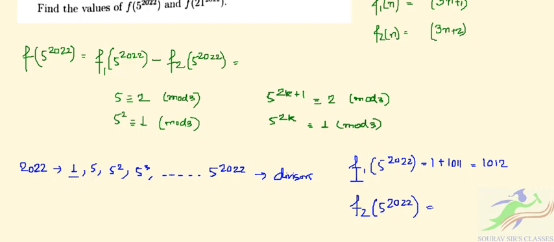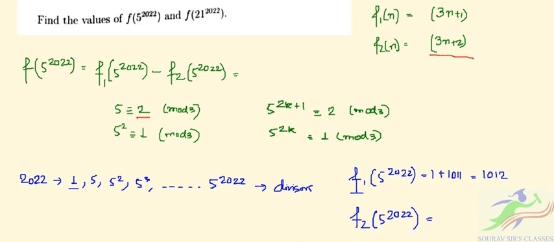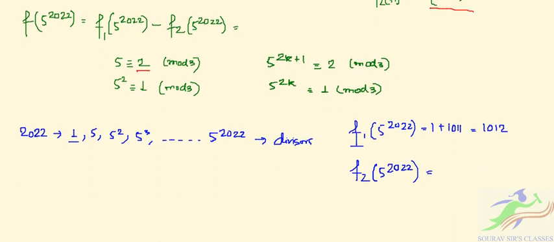It will be of the form remainder 2, or of the form 3n plus 2, if and only if, since we have used this n, we can write it as 5 to the power 2n plus 1 and 5 to the power 2n.